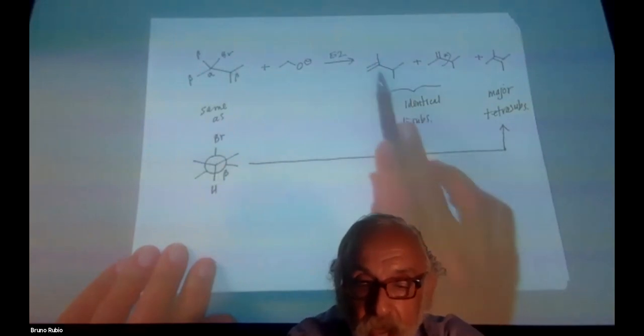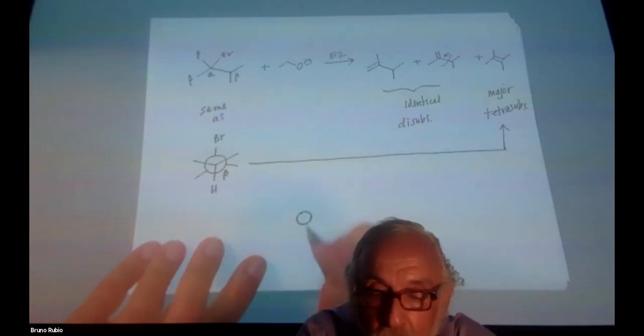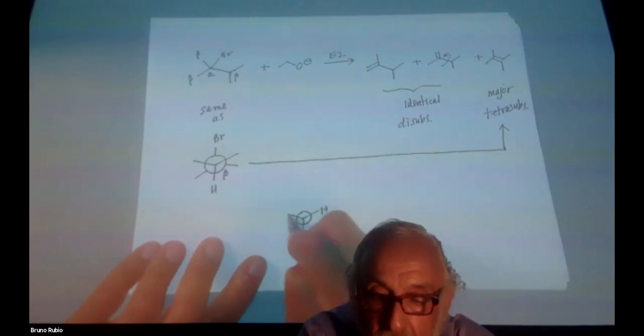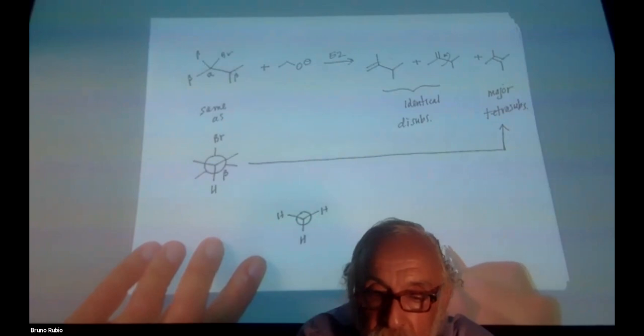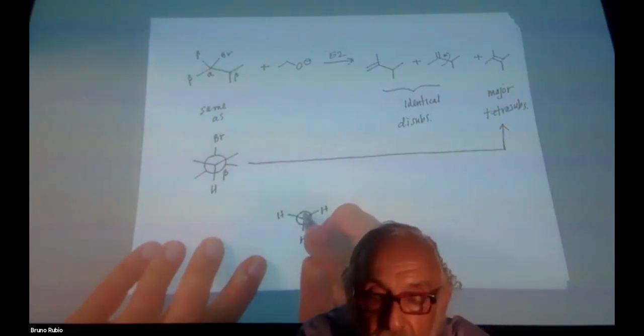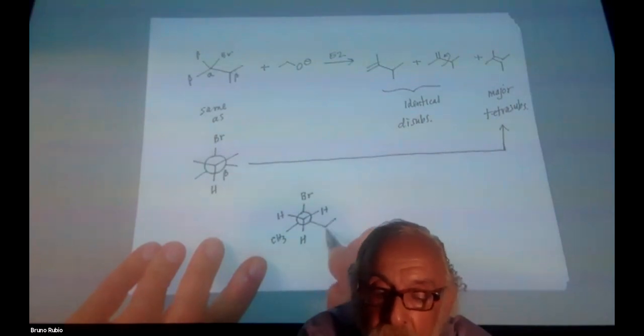And what about this guy over here? Well, now once again, I'm going to put the beta carbon in the front because that's what I'm interested in. So that's one of those carbons in that methyl group. All right, the alpha carbon is hidden behind the disc. That alpha carbon has a methyl group on it and it has a fishtail on it.